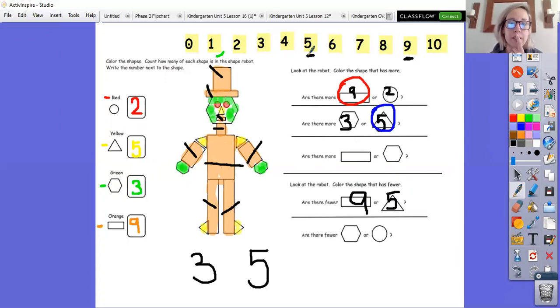Which one is less than, okay? So if I was to draw them out, okay?